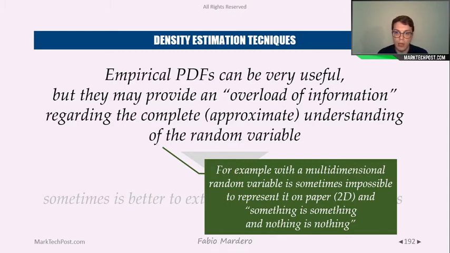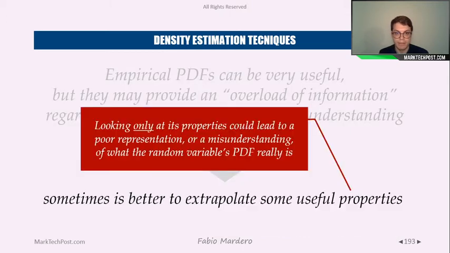How can we draw a kernel density estimation in 10 dimensions if we have just a paper? So, since something is better than nothing, let's extrapolate some properties of our multidimensional variable and just show the numbers or a projection of those numbers.